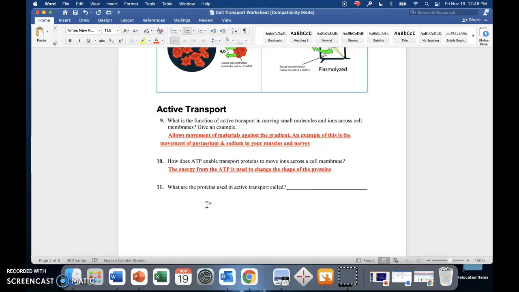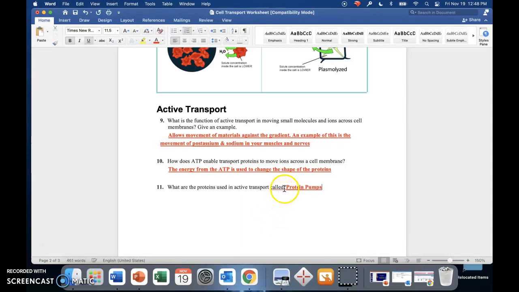It changes the shape of the proteins, and changing the shape of the proteins requires energy. And what do we call these types of proteins that are used in active transport? You should have read about this while you were reading through your book. That's why I wanted you to have your book. These are called protein pumps.